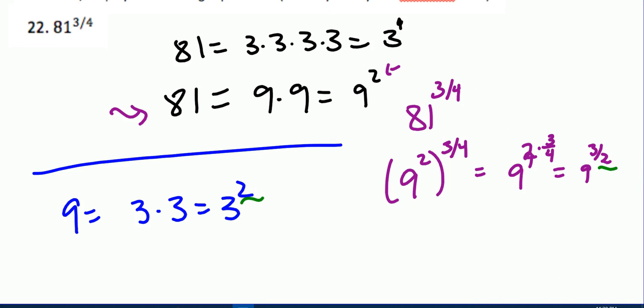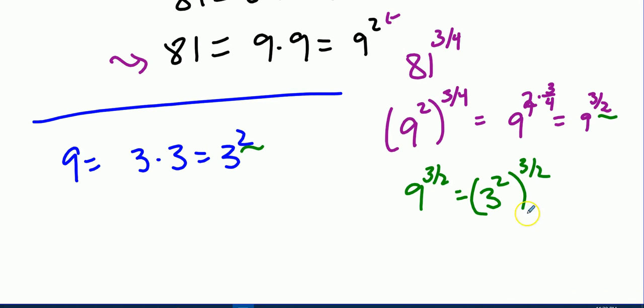So I can then rewrite this problem as 9 to the 3/2 is equal to 3 squared to the 3/2. And I have a power to a power. So I multiply the exponents. The 2's cancel. And I'm left with 3 to the 3rd, which was the answer that I originally got, which is 27.